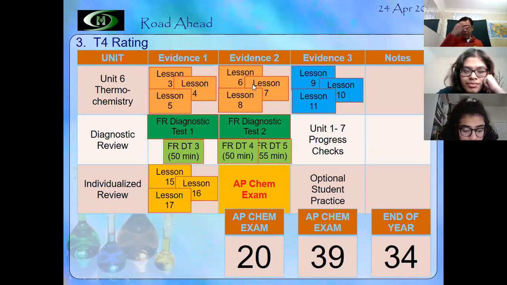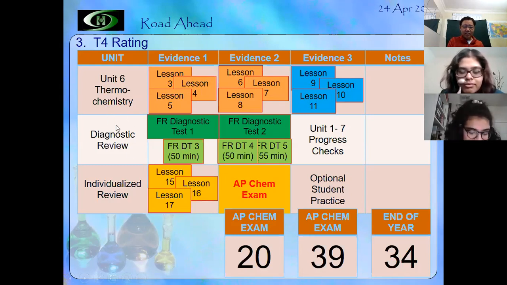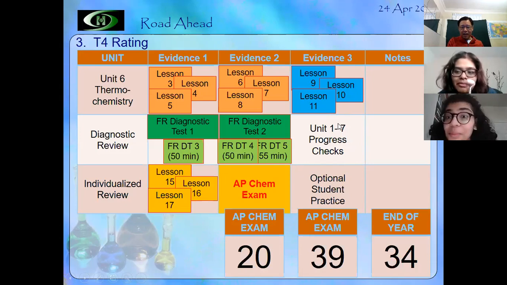Okay, so basically you're gonna have a rating here of 1 of the 3, and then a rating here for 1 of the 3, and then a rating here for 1 of the 3. You average that out. That's your rating for this unit, if that makes sense. Okay, and then the diagnostic review: the first one is going to be evidence 1, the second one is going to be evidence 2, and then evidence 3 is just going to be the progress checks that we've been doing.